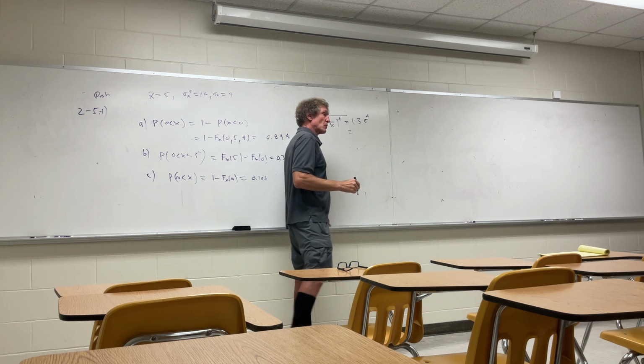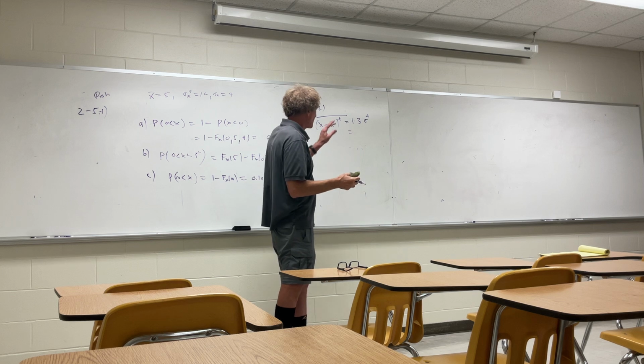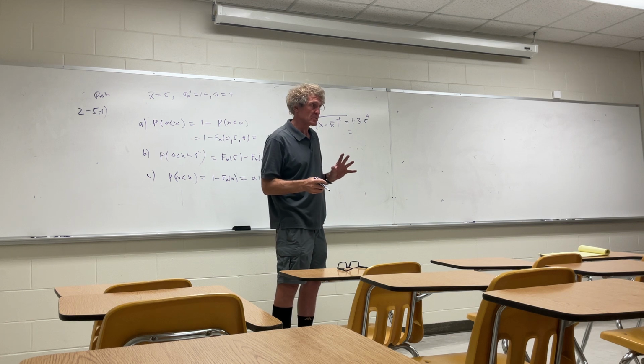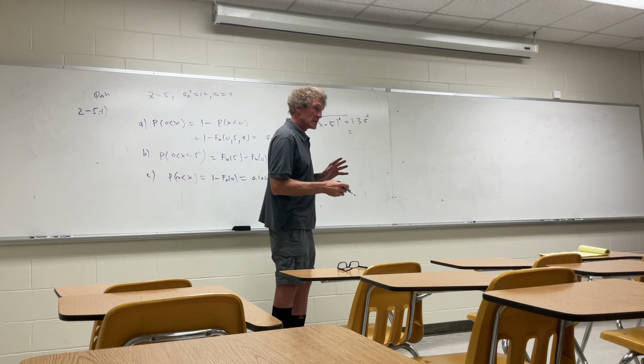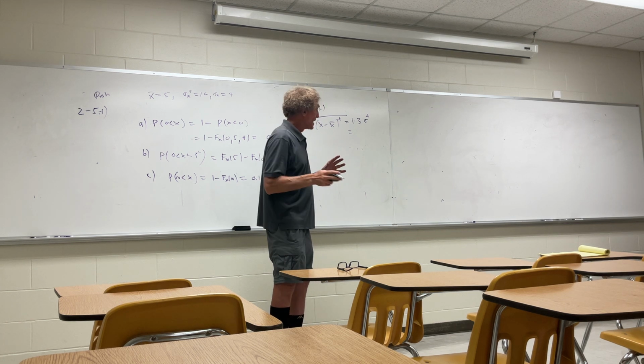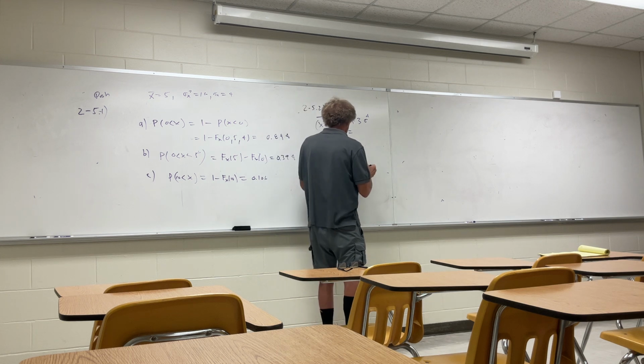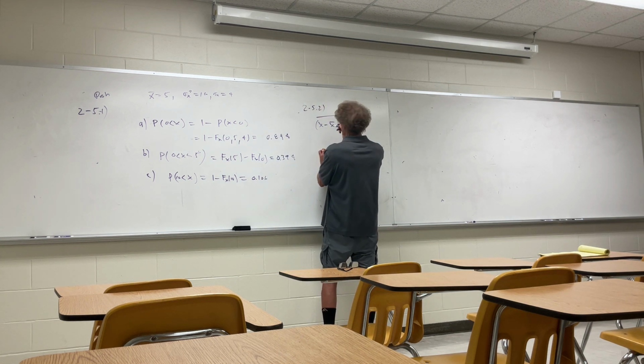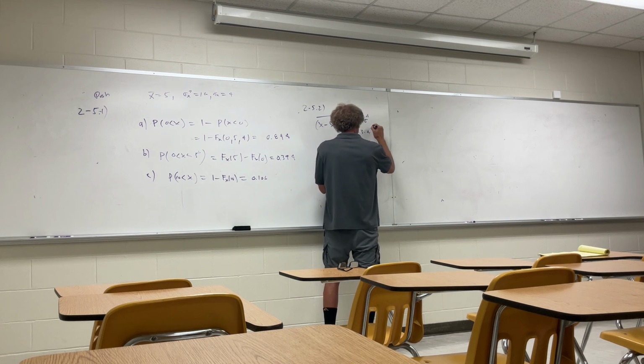I'm just using the formula. Make sure you know that formula for even. Odd is 0. Everybody with me on this? If you take an odd central moment, these are central moments, so you're subtracting the mean. This is even, so this is going to be 1 times 3, and sigma is 4, to the 4th. This is a big number.